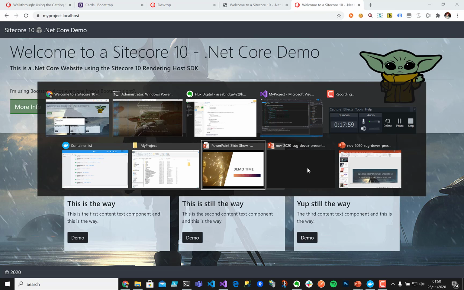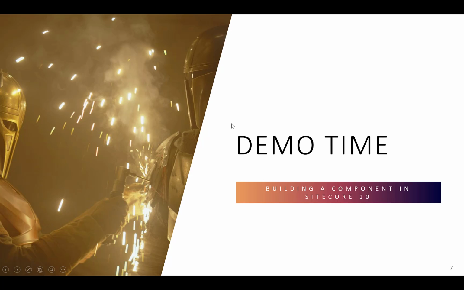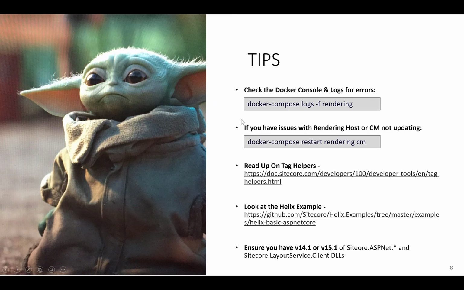So if we switch back to my slides, there's a few tips that I've got for you. So make sure if you have any issues, you check the Docker console, and you can run the docker-compose logs rendering command so that you can see any issues that come back.